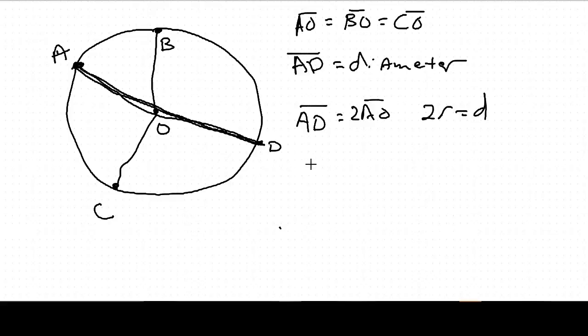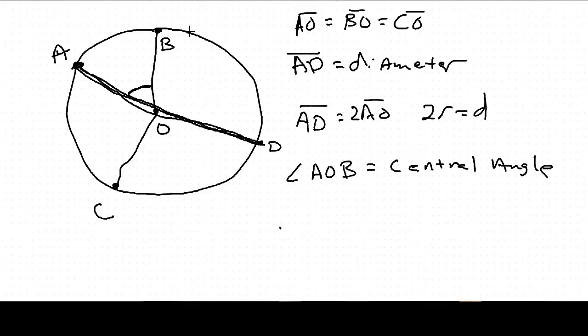Okay? So when I'm doing these angles, angle AOB is called a central angle. And that central angle also tells you how much the measure of that arc is.